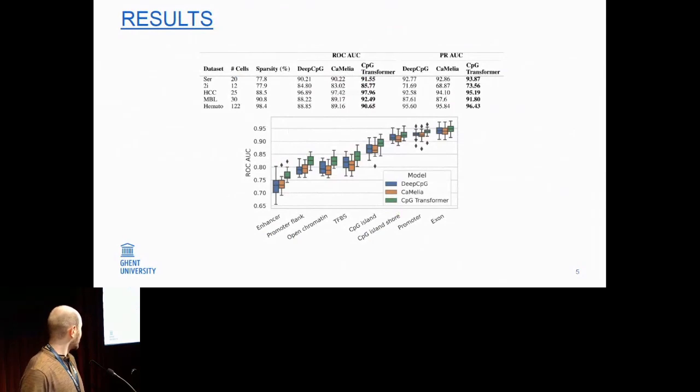But yeah, bold is good. My model scores the best on all of these data sets. It's also not unimportant to mention that CpG Transformer outperforms other models in biologically relevant contexts, such as CpG islands, transcription factor binding sites, promoters, and whatnot.